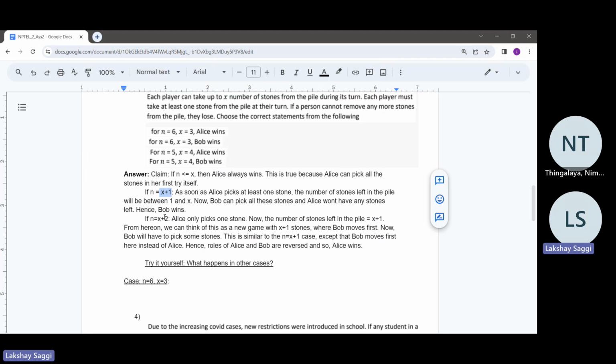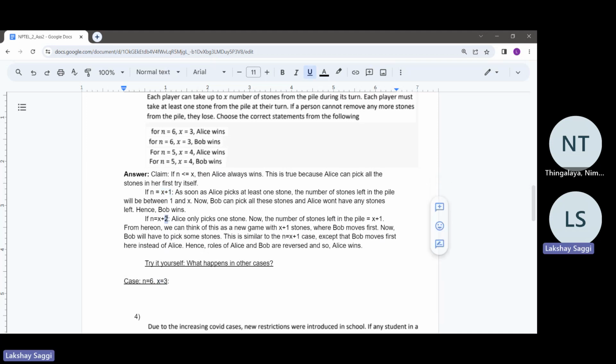So what I'm claiming is that this sort of strategy by Alice will work here also. The main strategy of Alice here was just to try to reduce the initial number of stones to x plus 1, because as soon as she reduces the stones to x plus 1, she has a sure shot victory. So here again Alice will try.